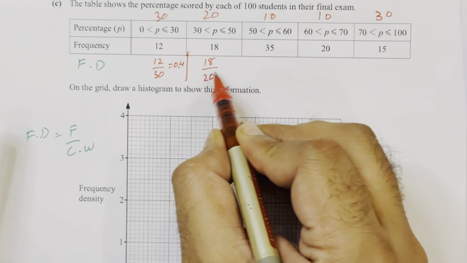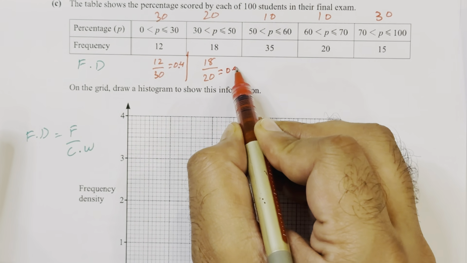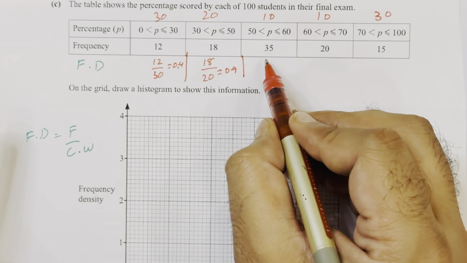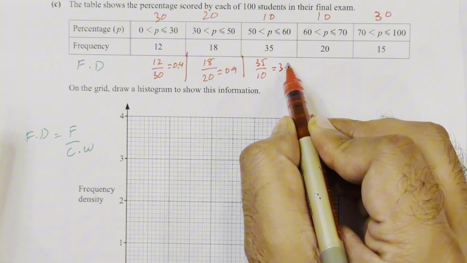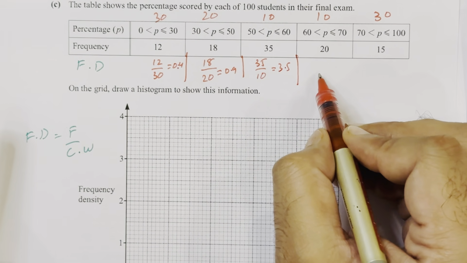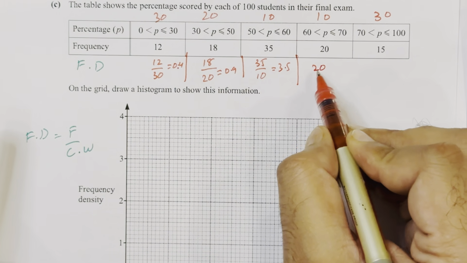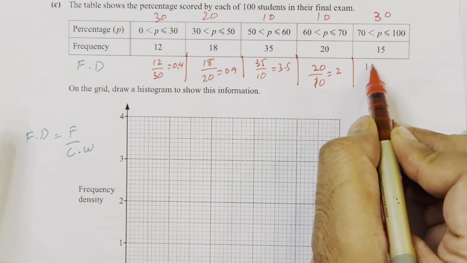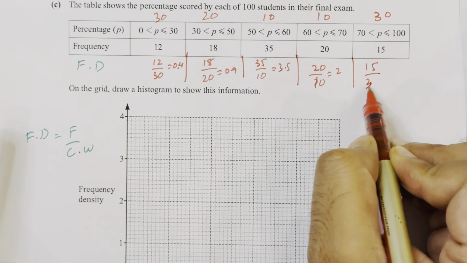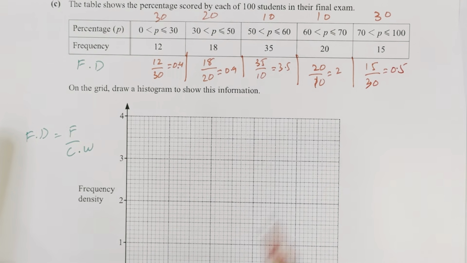So 18 by 20, we get the frequency density 0.9. Then 35 by 10 we get the value 3.5, and over here 20 by 10 we get the value 2. Over here 15 by 30 we get the value 0.5.